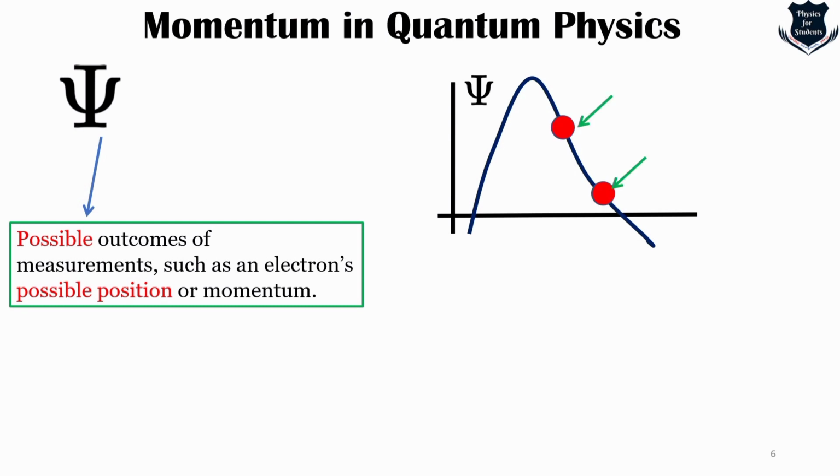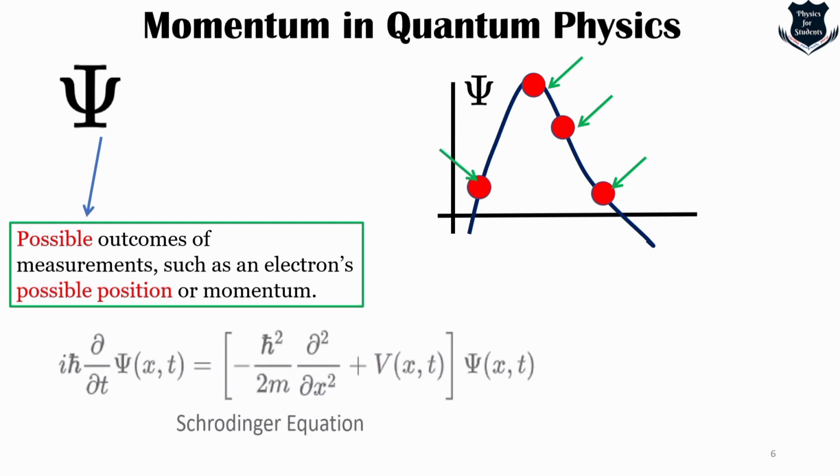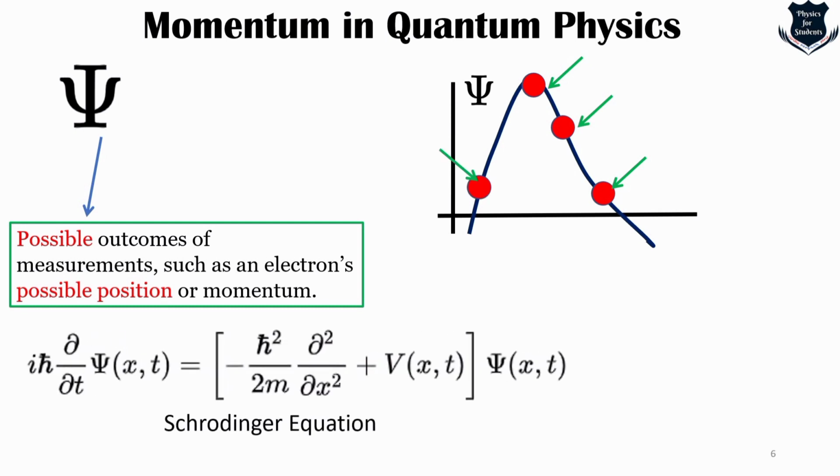So these red dots on the bell-shaped curve show that the electron can be here, it can be here or here. That means in the entire spectrum of quantum mechanics, the position and the time evolution are guided by Schrodinger's equation. Well, I'm not going to explain the Schrodinger equation now because I will make a separate video on that.